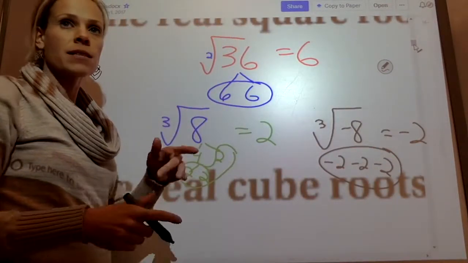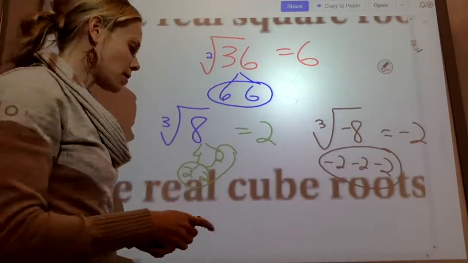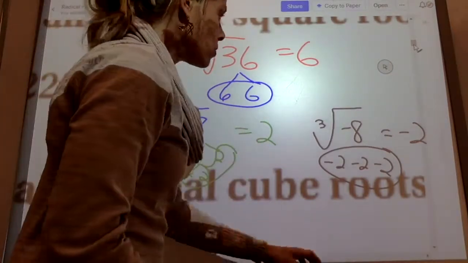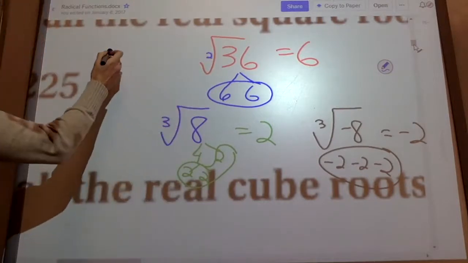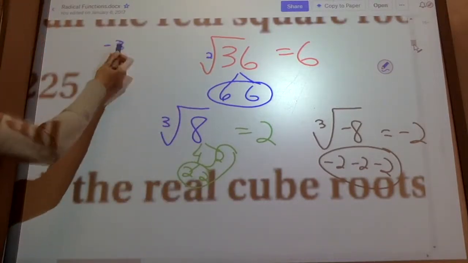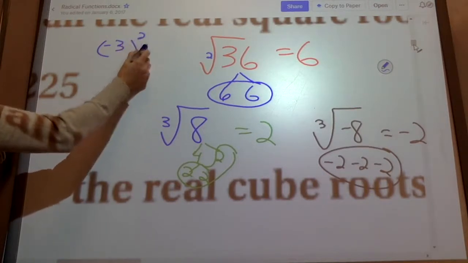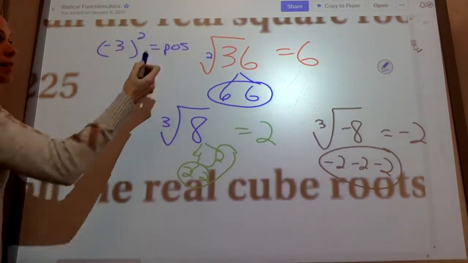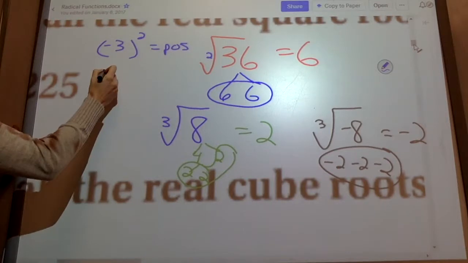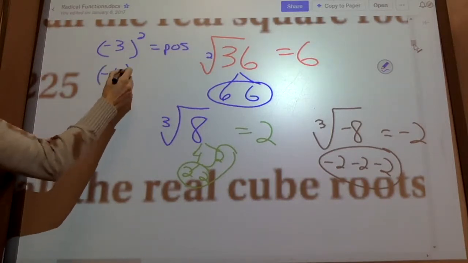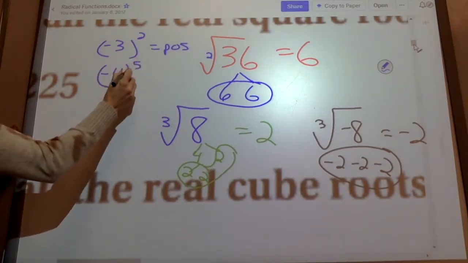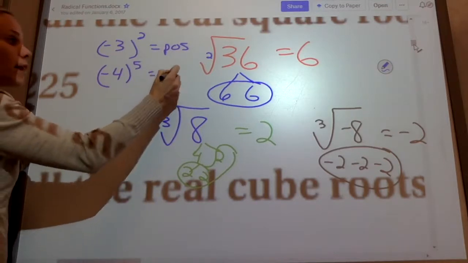Okay? And that stems all the way back to probably middle school when you learned that any number, let's say negative 3, to an even power is going to be positive. If you have a negative number to an odd power, that's going to be negative.